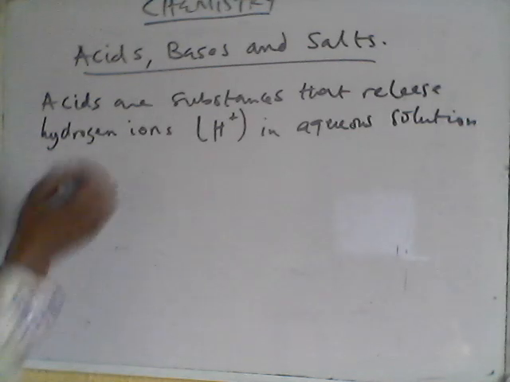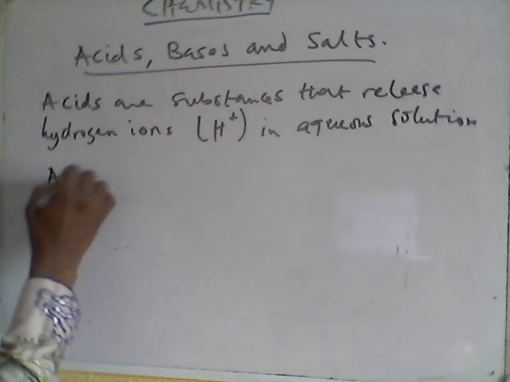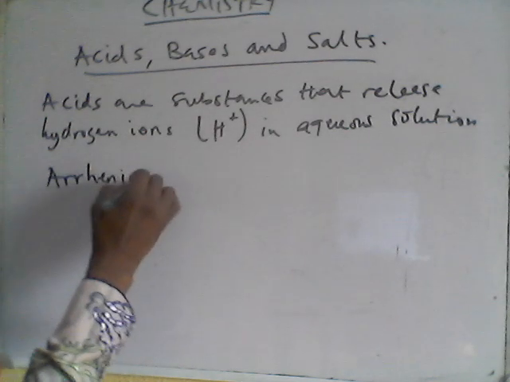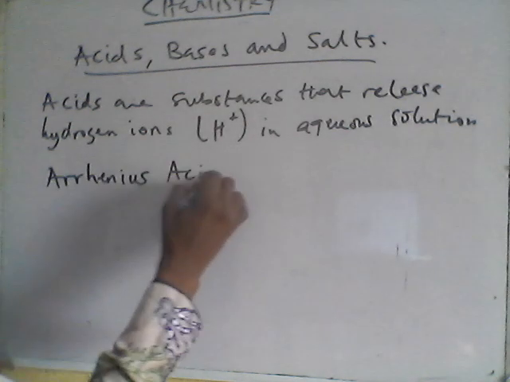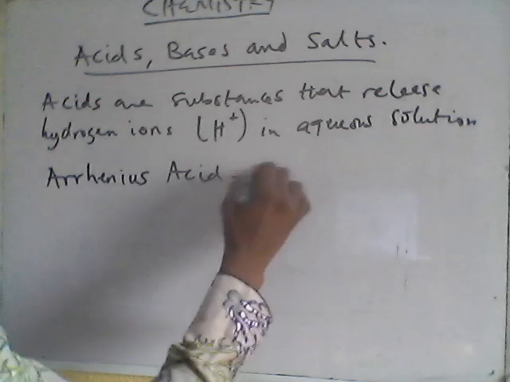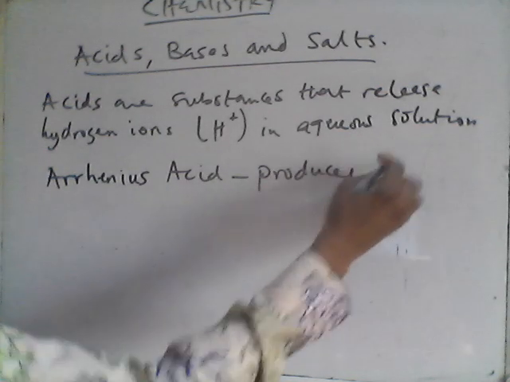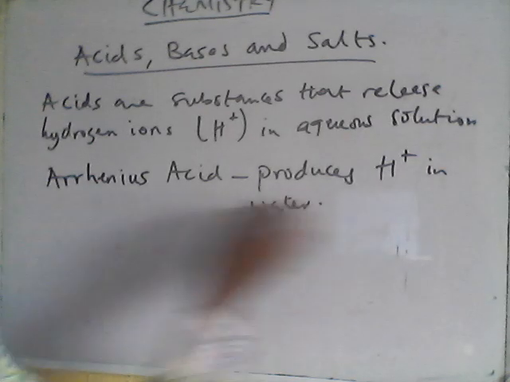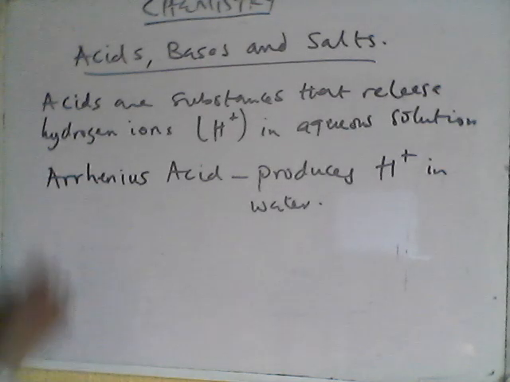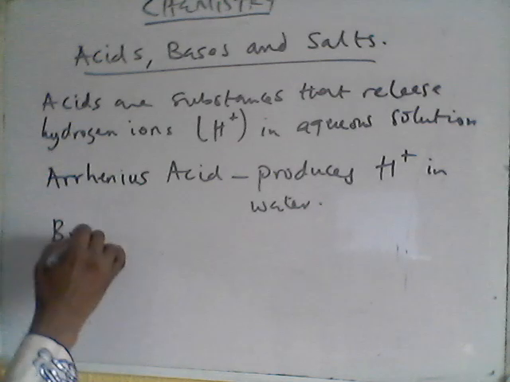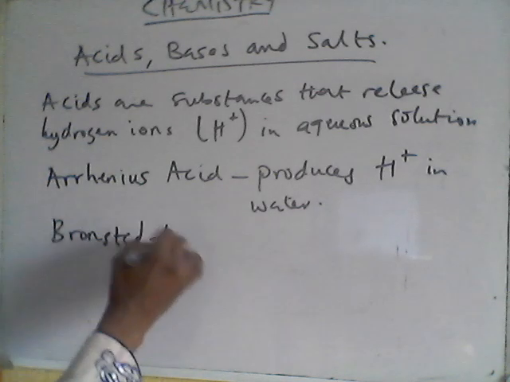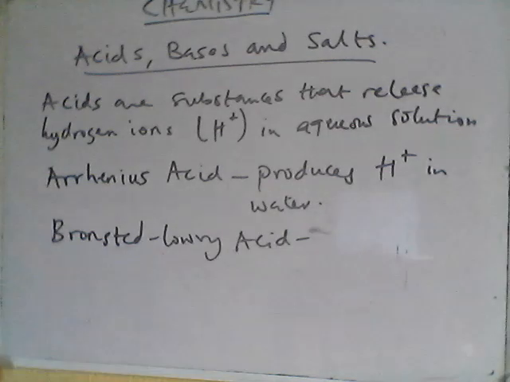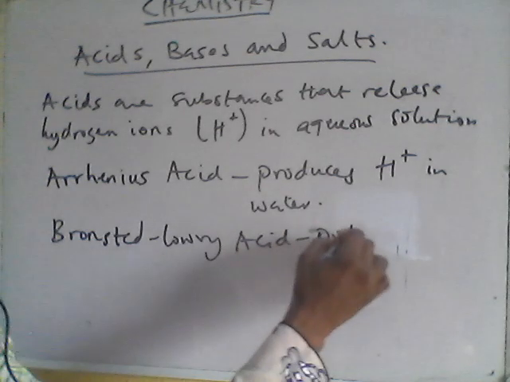Okay, so we have two ways to identify an acid. You have the Arrhenius acid, which we define as the one that produces hydrogen ions in water, and we can identify it by this method, the Bronsted-Lowry acid, which is seen to be a proton donor.